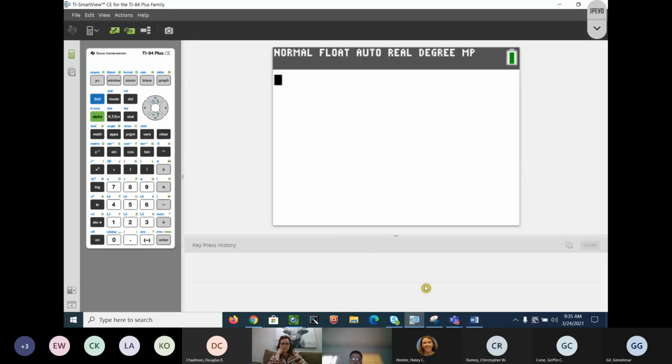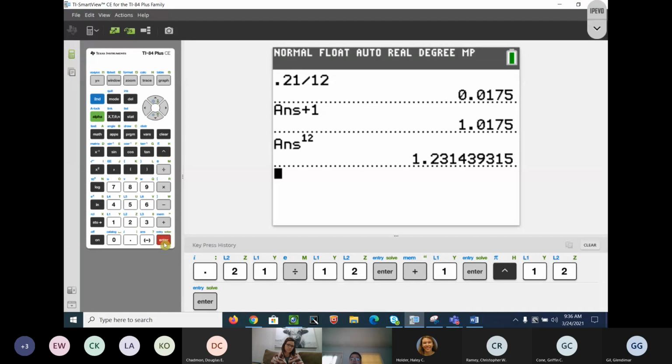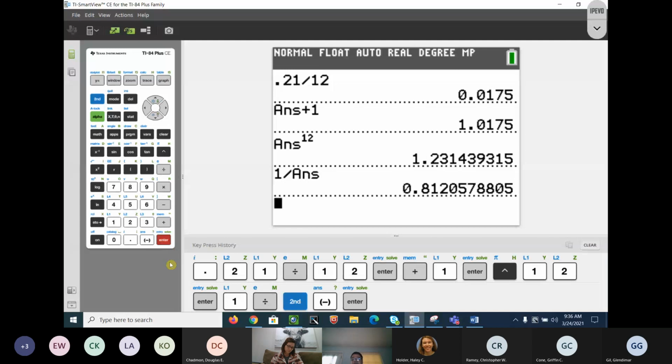So I'm going to do 0.21 divided by 12, add it to 1, and raise it to the 12th power. Now that is the denominator part, and I'm going to divide 1 by that. So I'm going to hit 1 divided by inverse, or second answer, and that'll give me that number.